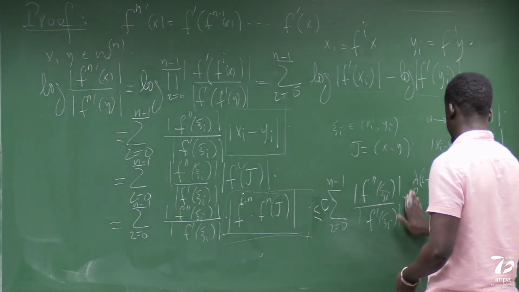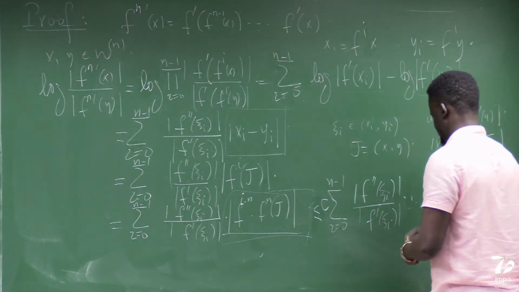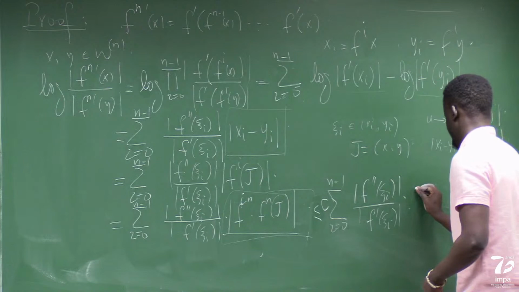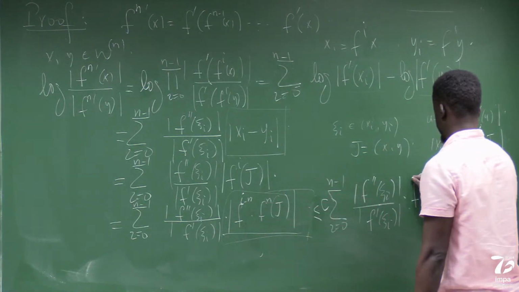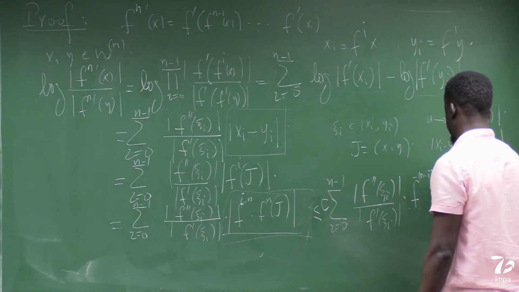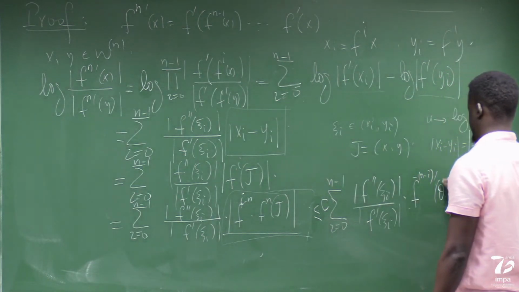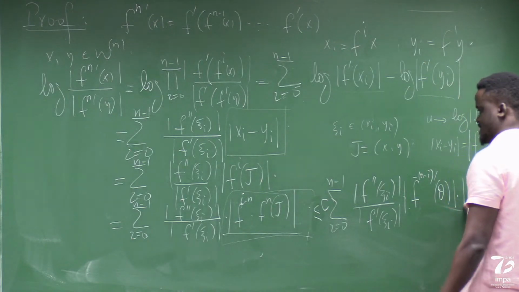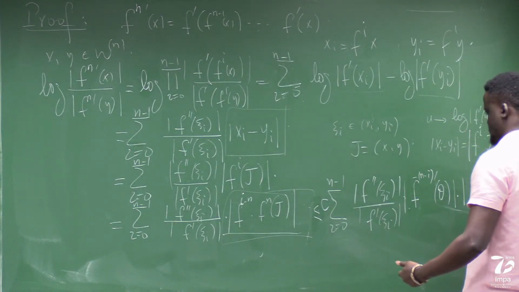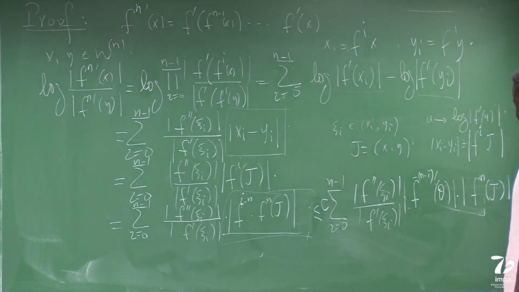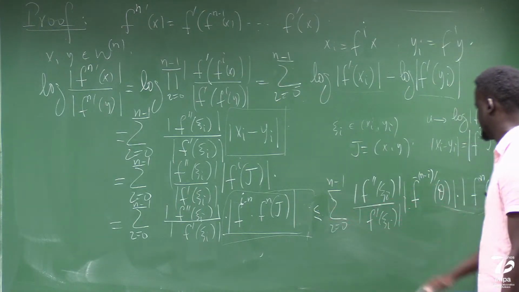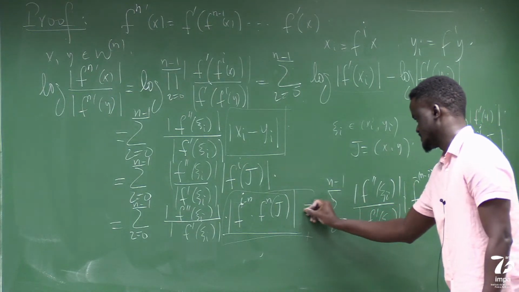But let me, sorry, that's my bad. So here what I want to say is it is f minus n minus I prime of some theta times the size of, just mean value theorem, okay? Sorry, I went a little bit fast. Sorry, yeah, these are the C. And if you want, you can write equality.